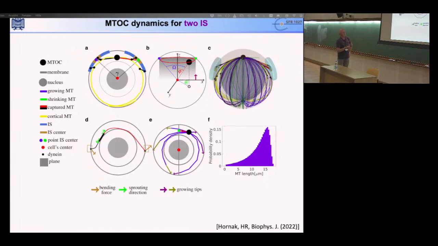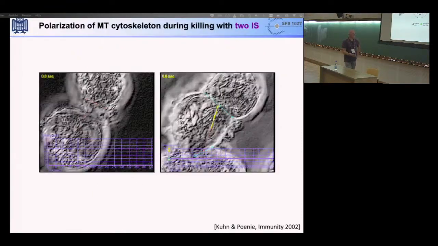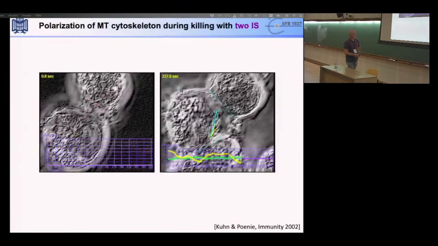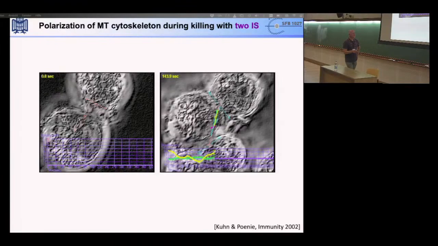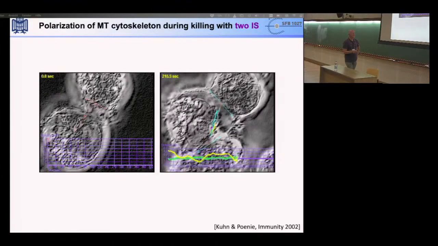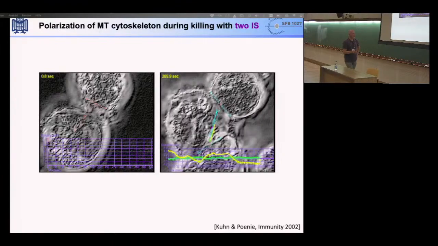So you have to include it, and the two synapses at an angle gamma here. And what is also an ingredient, because you observe in this movie not oscillations, but stochastic switches between one IS and the other IS.